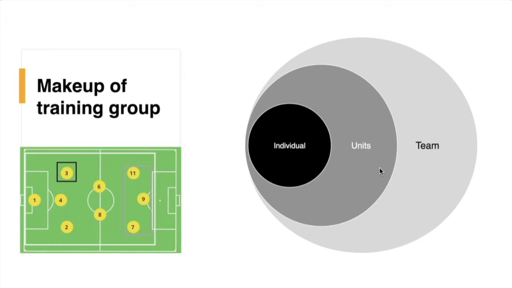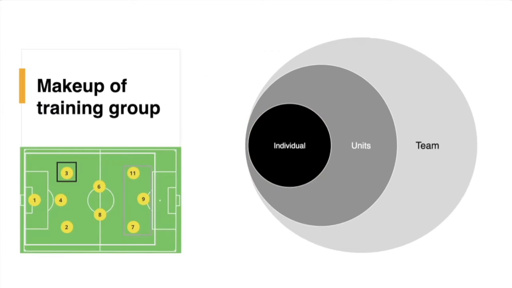So within a team, you'll have units, say your defensive unit, your midfield unit, forward unit, just different ways to break down that team and work with those sets of players. And then you'd also have your individual within each unit, you would have that as well. So quickly on the diagram, obviously I've marked those out, corresponding colors. So when you get the slides, you'll be able to take a greater look at that.